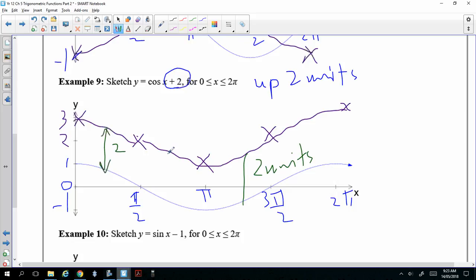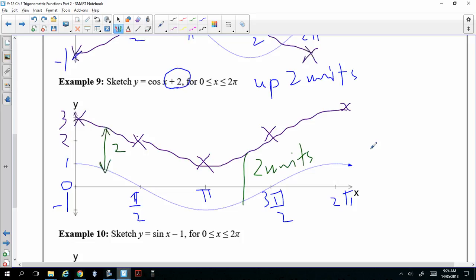And the last bit, shift down 1 unit. Have a try. Alright, let's draw.